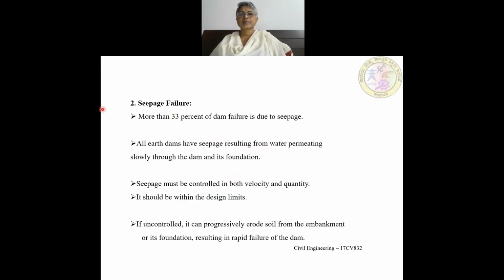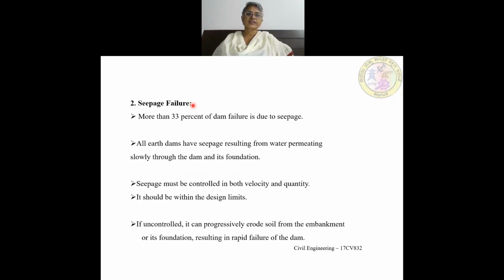The second type of failure is the seepage failure. The first type of failure is due to hydraulic failure. In hydraulic failure, one is due to overtopping, that is, because of a wrong estimate of the flood, or if the spillway gates are insufficient, or if the freeboard is insufficient, overtopping will take place.